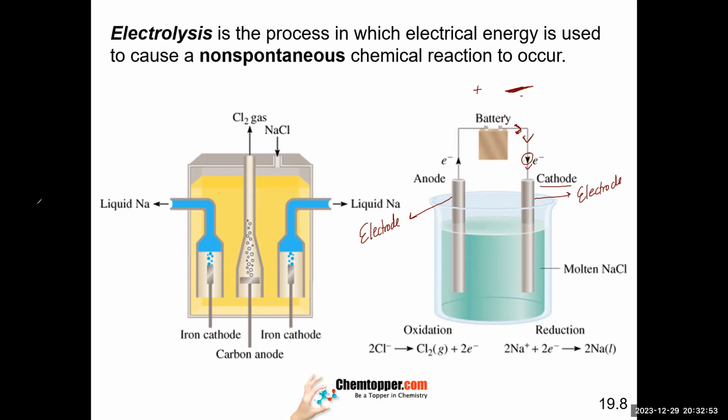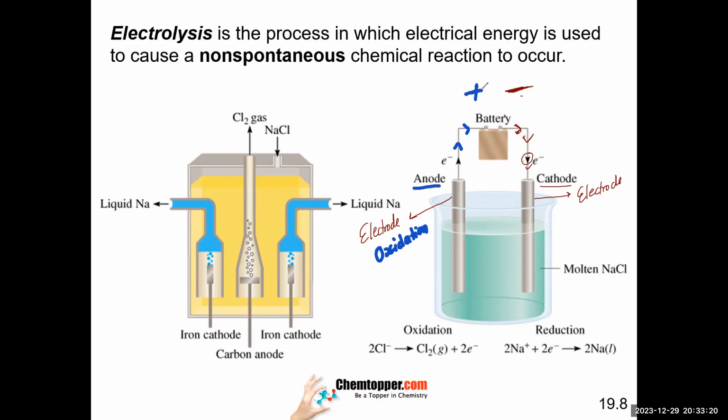But on the other hand, the positive end is asking for electrons. Can you see how the electrons are coming out? So this is anode, because electrons can come out only if oxidation is taking place. So this is the electrode where oxidation is taking place. That's why it is called as anode.